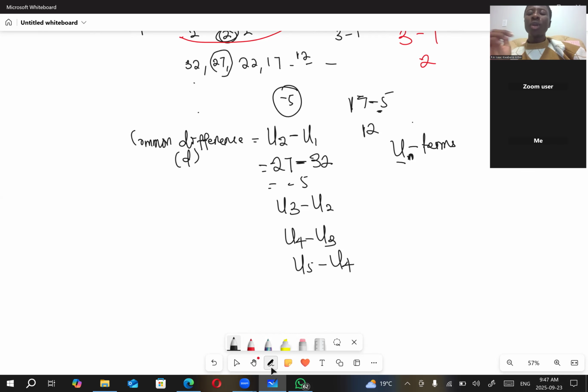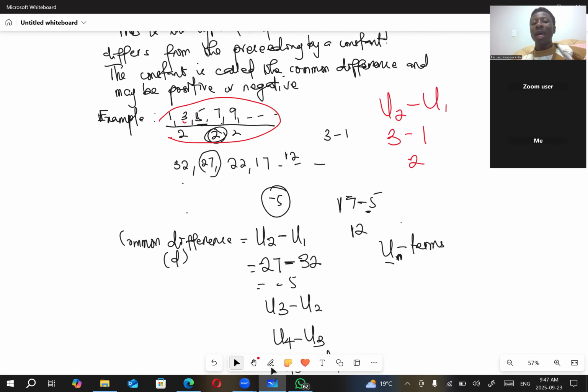But how about when we give you huge numbers and it's hard to identify that constant? Or even if you find the constant, for example 1, 3, 5, 7, 9, you know the constant is 2. What if I ask you what the 100th term of this sequence is?